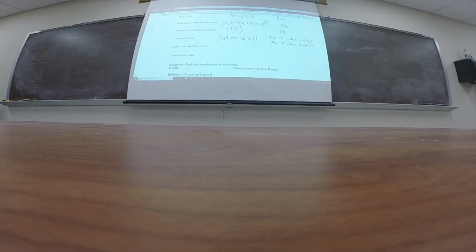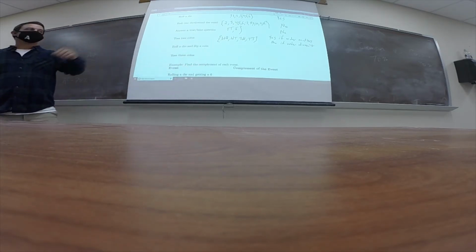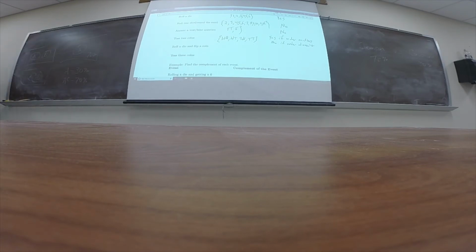Now, I got myself a 6-sided die, and I've got a heads and tails coin. Now I want to roll the die and flip the coin, and I want to know all of my outcomes here. So I could get 1 heads, 2 heads, 3 heads, 4 heads, 5 heads, 6 and a head.